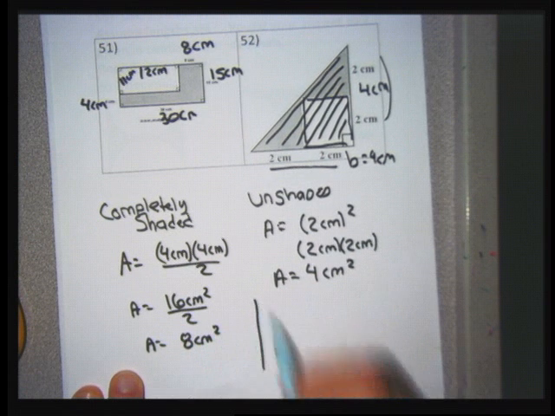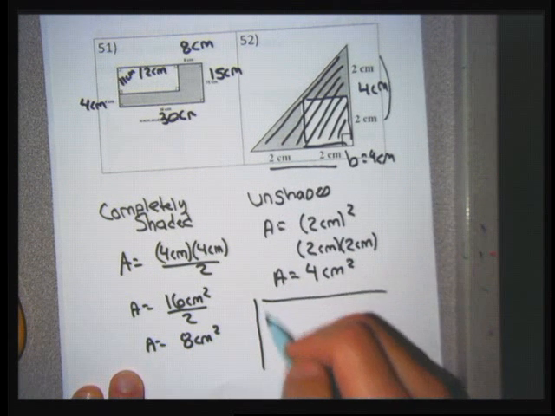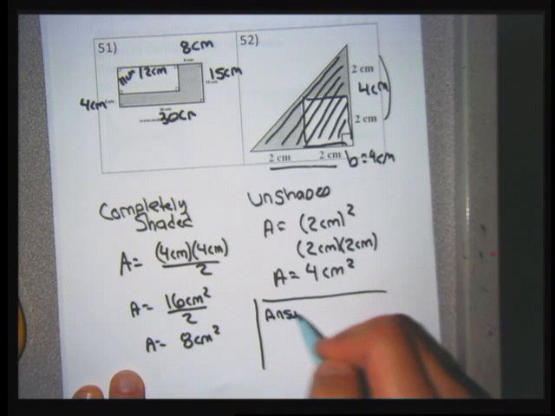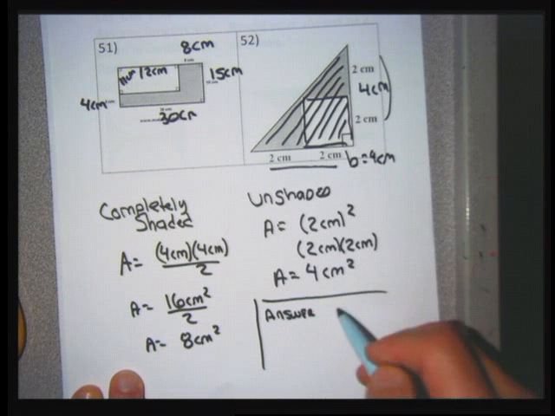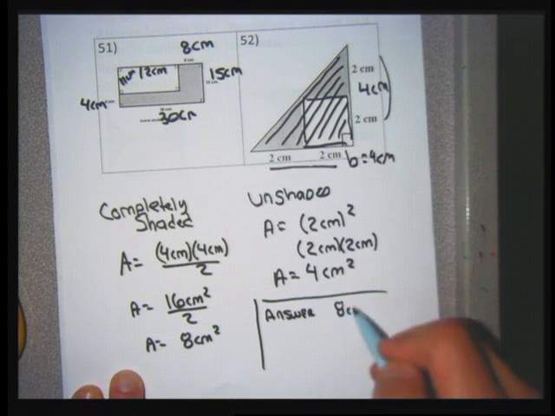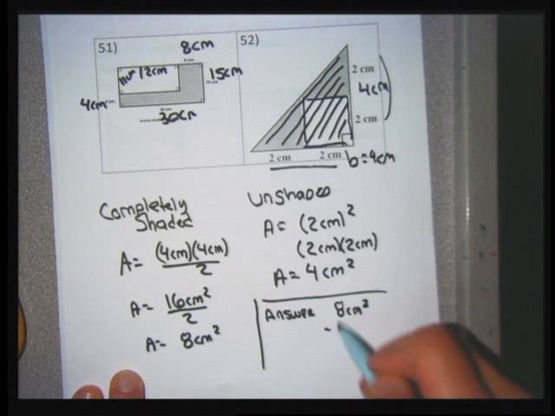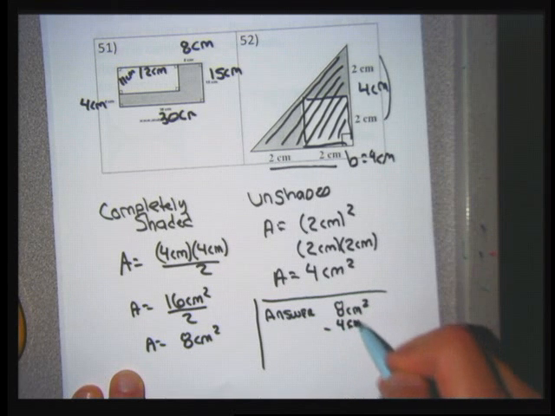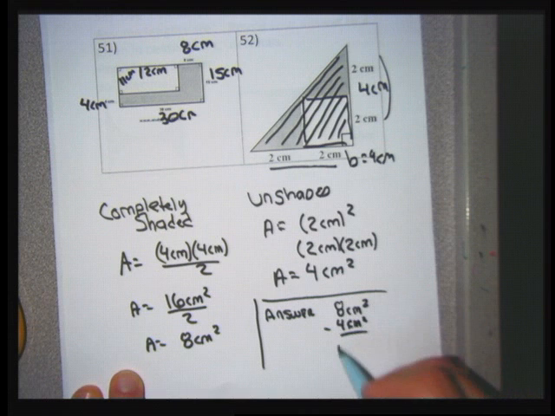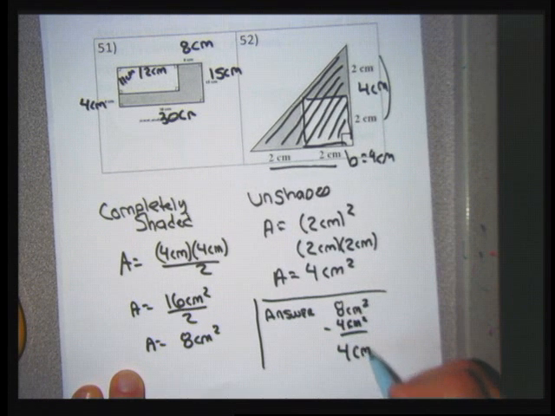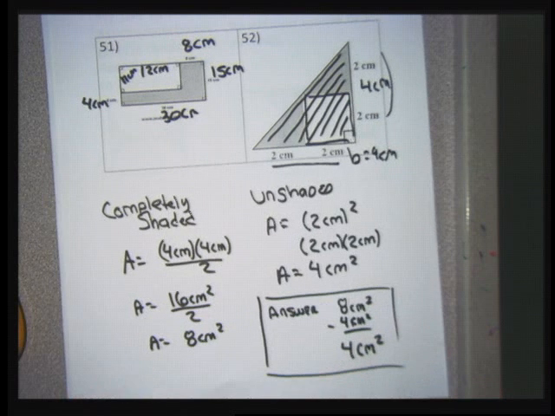And then for my answer, I subtract. So I take the completely shaded region that has an area of 8 centimeters squared minus the unshaded region whose area was 4 centimeters squared, and 8 minus 4 is 4, and when you're subtracting, the units don't change. So I get the shaded area in my triangle is 4 centimeters squared.